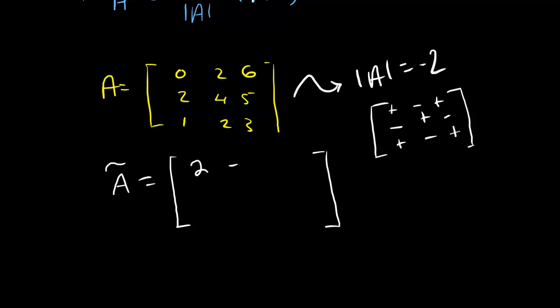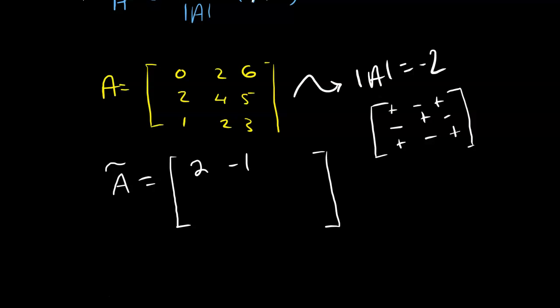So let's do this. For this next element, I cross out its row and column, and I see that I have left a 2, 5, 1, and a 3. So I would take the determinant of that, which is 2 times 3 minus 1 times 5. So that gives me 1. So 2 times 3 is 6, minus 1 times 5 is 1.